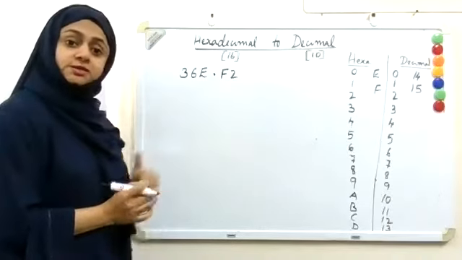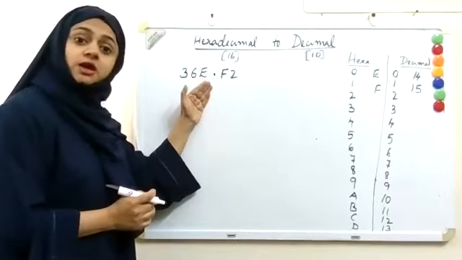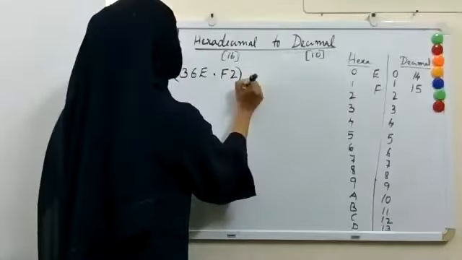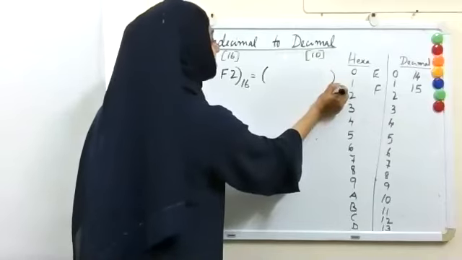This is the hexadecimal number. It has a point also. We will see how this can be converted to decimal. So this is to the base 16, and how much will it be to the base 10?